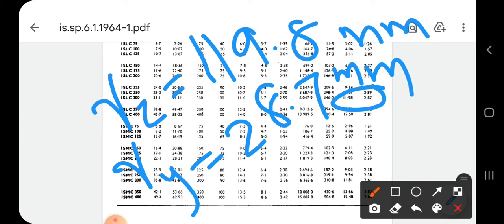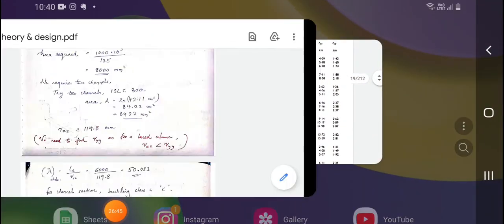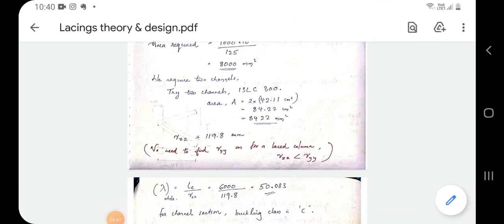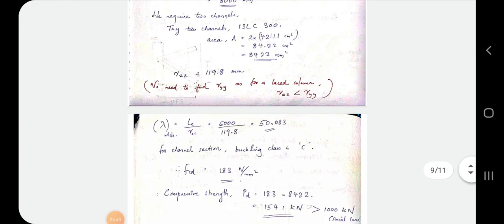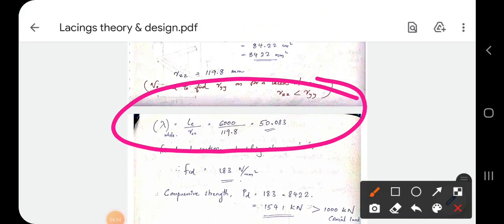But we have to take R set value, because while designing a lacing system, the R set should be less than RY. This is important. So we are taking R set value equal to 119.8 and take lambda is equal to effective length by R set equal to 50.083.